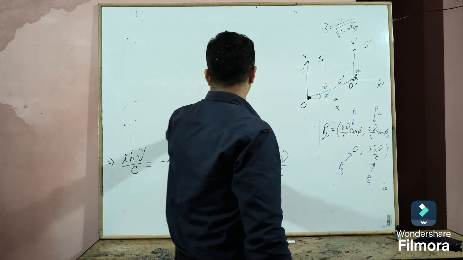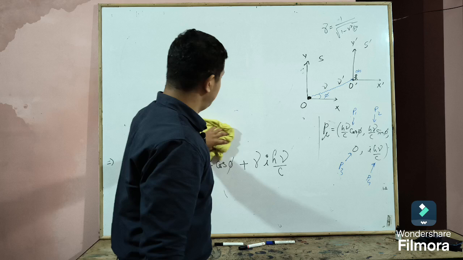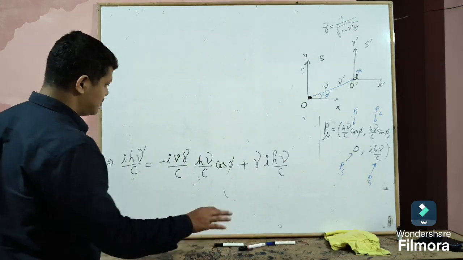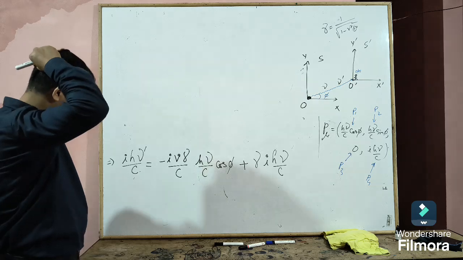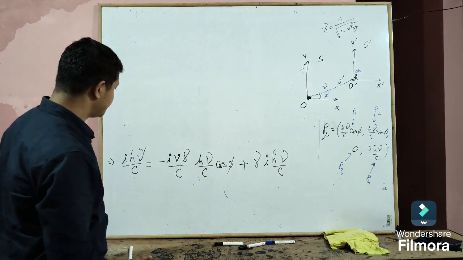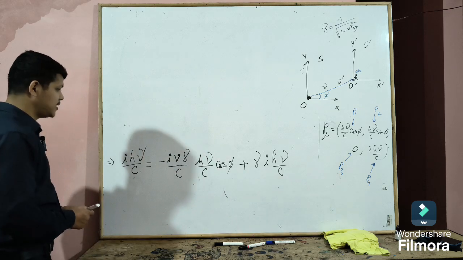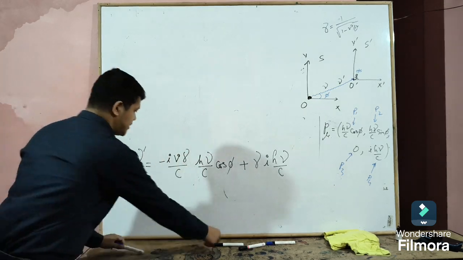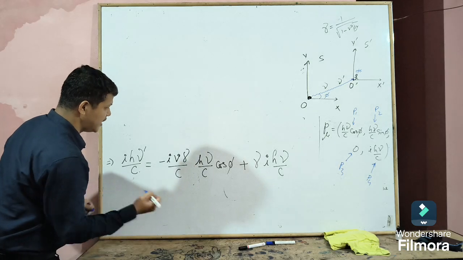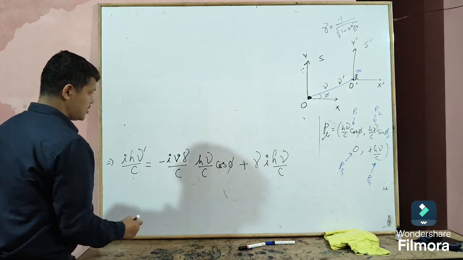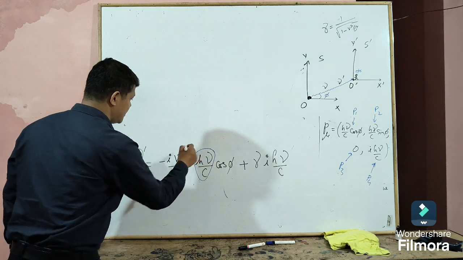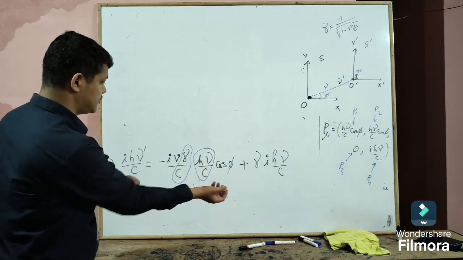Okay, now you see what we're going to have here, what we can take common here. Let me find a common part, just wait. So here you see we have common this h nu by c.